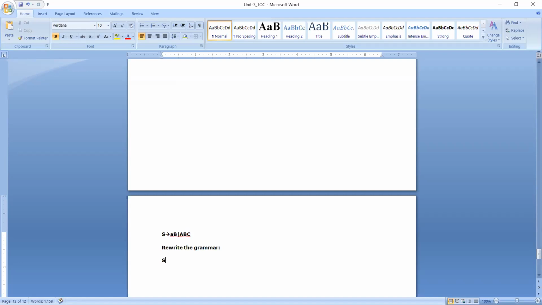I am going to call small a as XA, so S derives to XA capital B, or capital A, or capital A Y, where XA refers to small a and Y refers to BC.